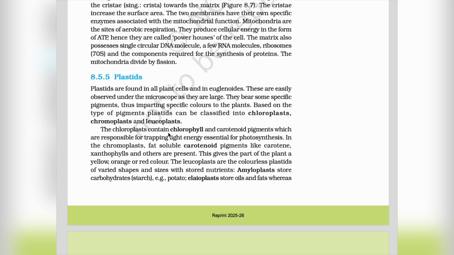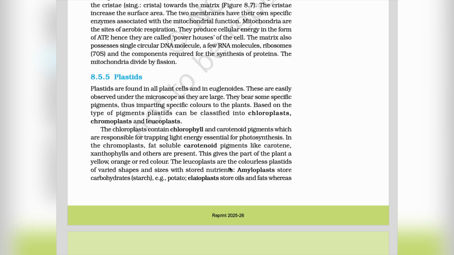The chloroplasts contain chlorophyll and carotenoid pigments which are responsible for trapping light energy essential for photosynthesis. In the chromoplast, fat-soluble carotenoid pigments like carotene, xanthophylls and others are present. This gives the part of the plant a yellow, orange or red color.